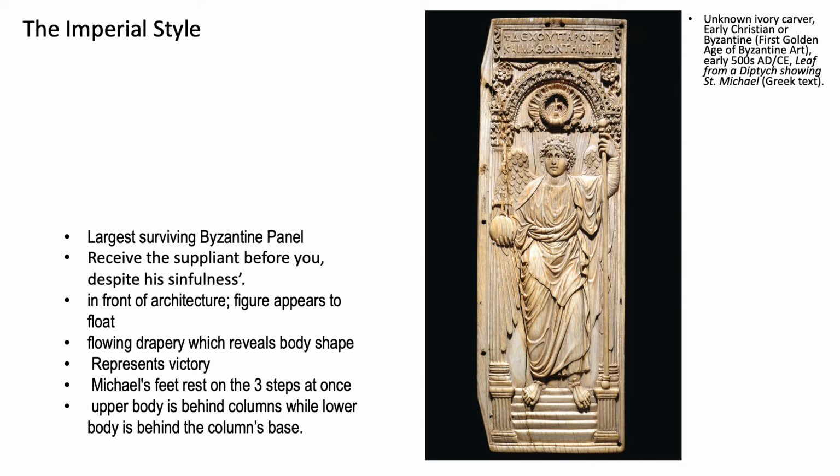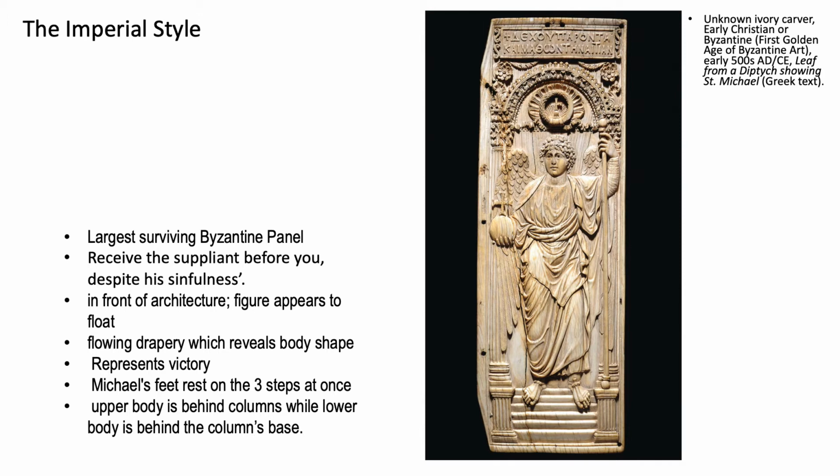And then at the very top, you've got this inscription that was typical of the Roman Empire. We saw that a lot on the triumphal arches, the inscription that dedicated some honorable image to the emperor. The flowing drapery that clothes Justinian, or Saint Michael, tends to reveal the shape of his body.